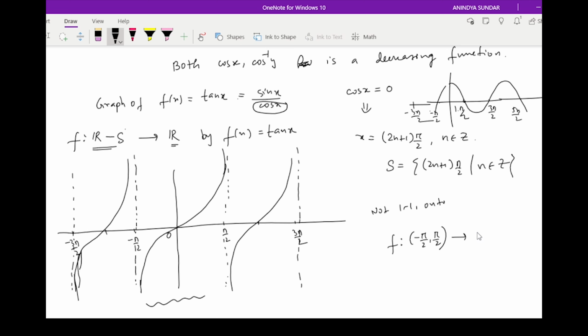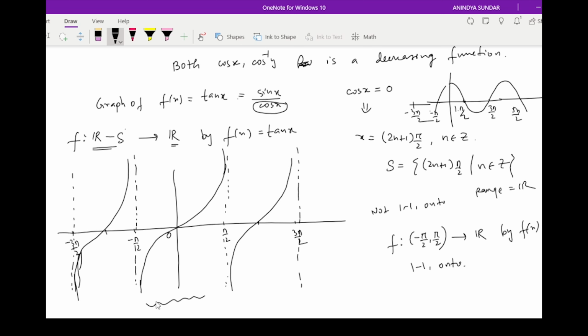So what should I take? This time I can take the codomain as R, because our range is R, not as in the previous cases. So in this case, f(x) equal to tan x, I can see that this particular function is both one-one and onto.